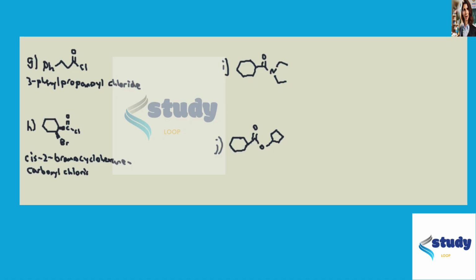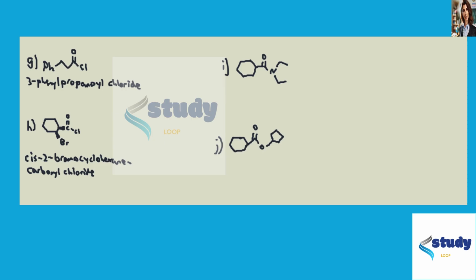So it's a cyclohexane with a bromine at the 2 position, and this acid chloride. And since it's just a carbon, we'll call it carbonyl chloride. And they are cis to one another. And so that's the full name there for H.